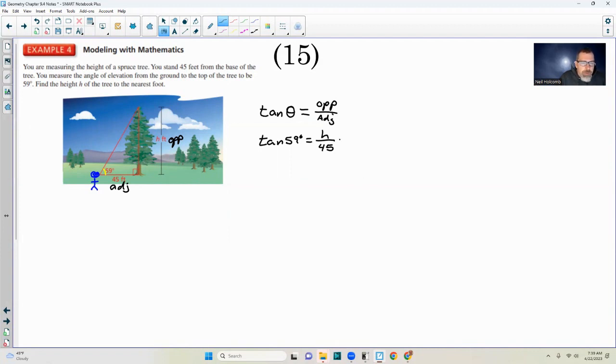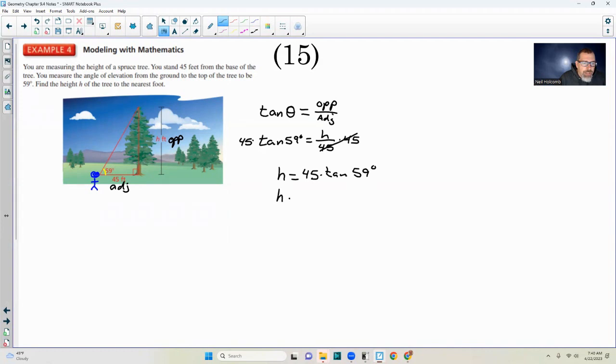In order to solve this, we multiply both sides by 45 to get h by itself. These cancel, and we get h equals 45 times the tangent of 59 degrees.